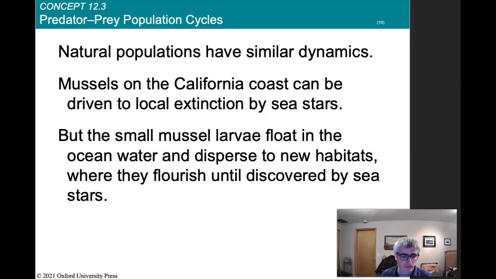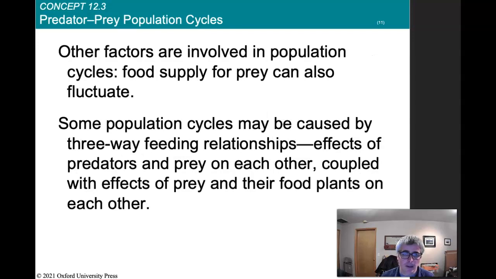But when you move up from that small tray to an entire ecosystem, you have these little pockets flashing on and off all the time, mussel-dominated, sea star-dominated, up and down the coast. And as a population, it's healthy. It's only when you focus on the meter squared that you see these issues.